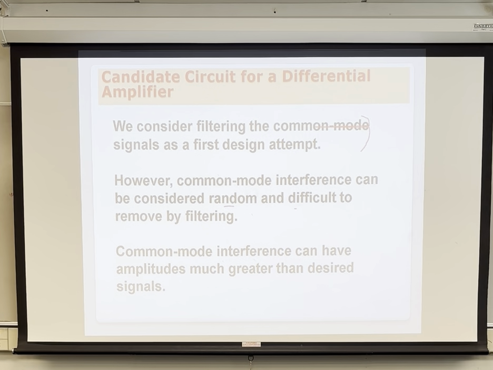So what we want here is a circuit that will behave the same at all frequencies in terms of rejecting signals that are not supposed to pass through. Common mode interference can have amplitudes much greater than the desired signal. So what's a large common mode signal in this room?